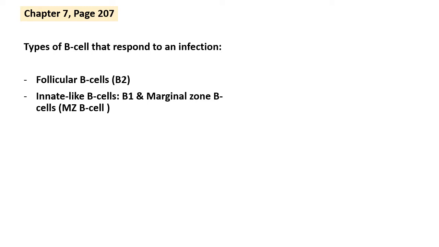Also, we have another type of B cells, innate-like B cells, such as B1 and marginal zone B cells, MZ B cells. There are certain types of antigen called T-independent antigens that can promote B cell activation without the help of T cells.